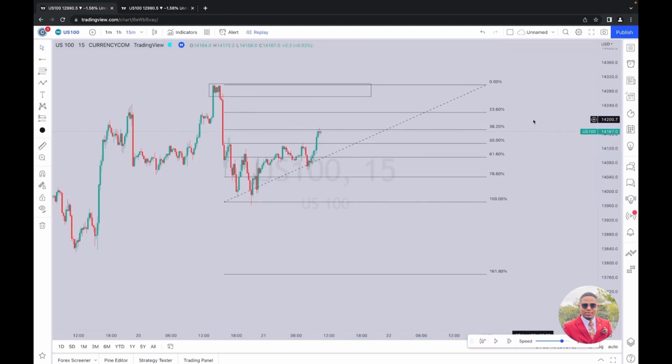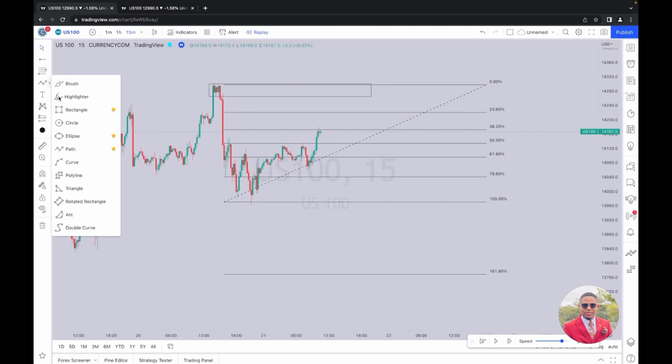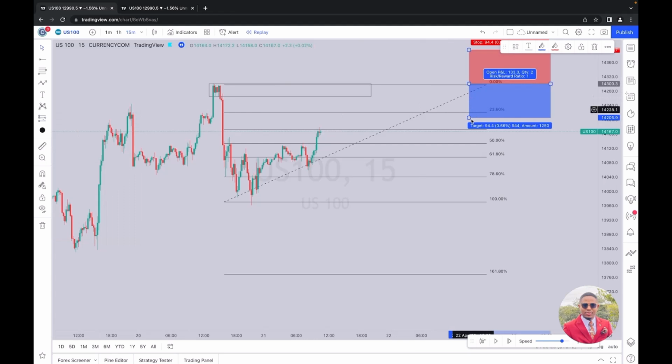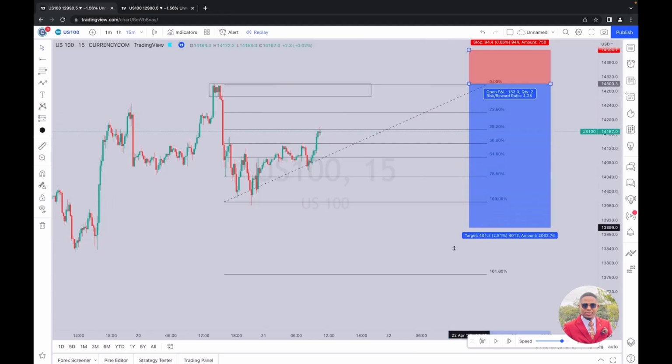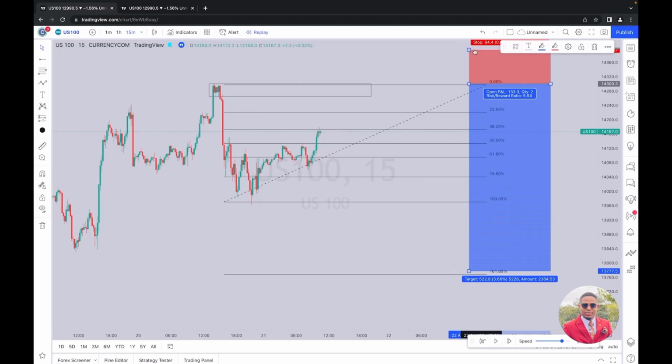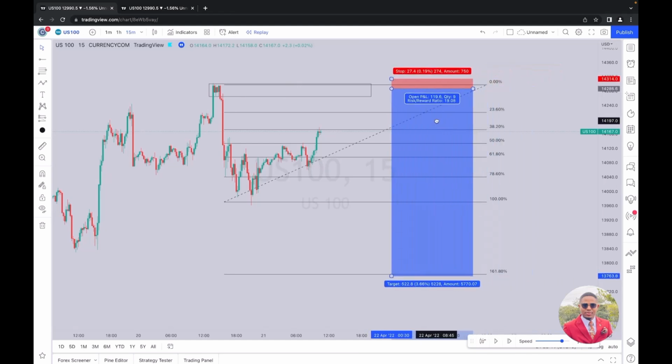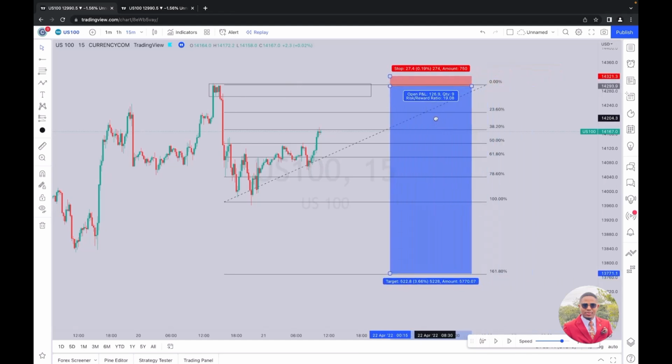Now, because you need to know as a trader when you need to come out of the market, right? So what you need to do here is, for example, you want to know where price is going to end. We are predicting that price is going to reach 161.